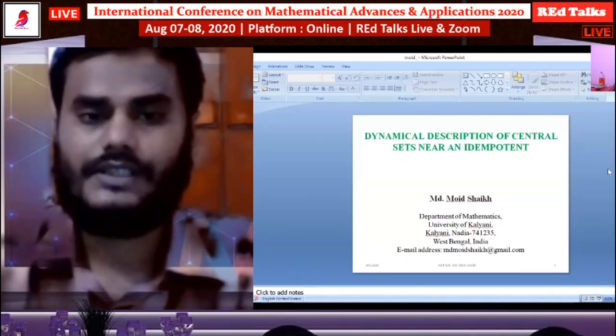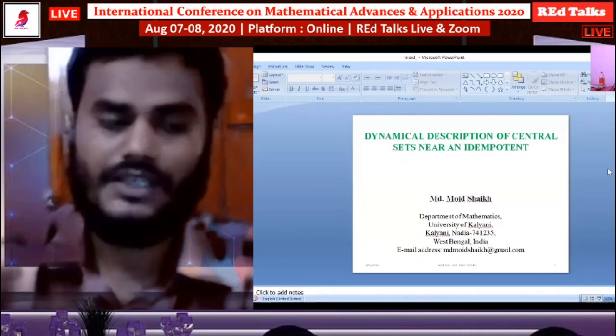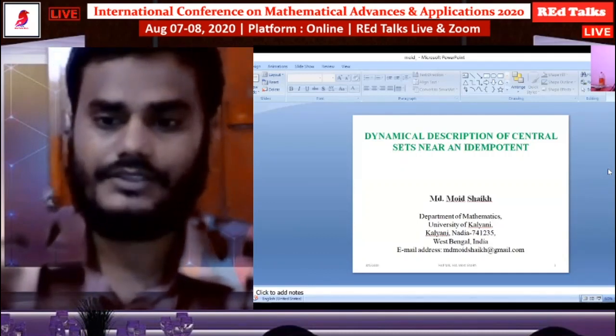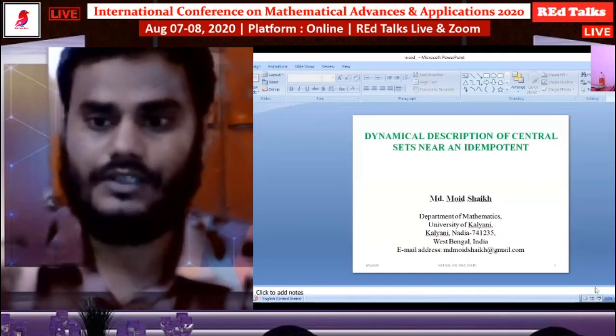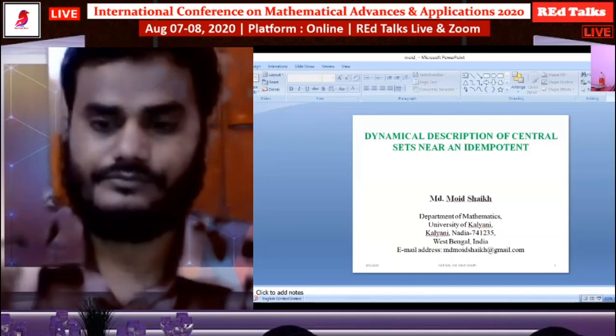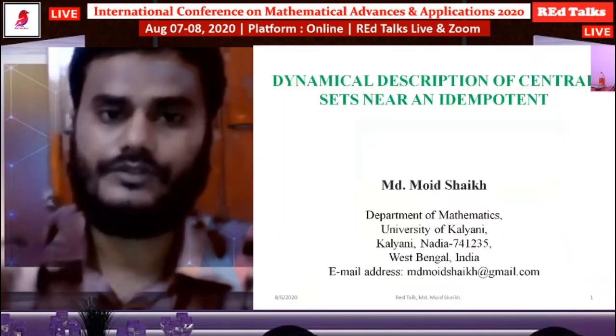My topic is dynamical description of central sets near an idempotent. Hillel Furstenberg first used the term central sets in topological dynamics. Let's start with filter.